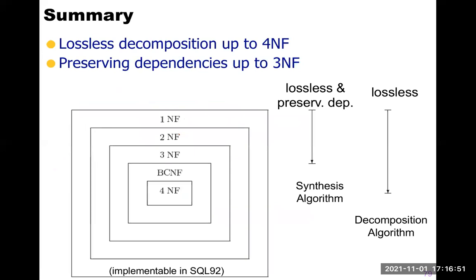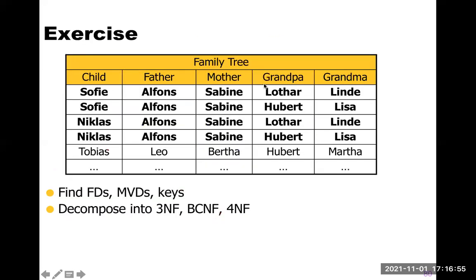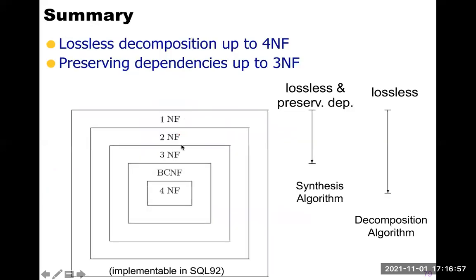And a summary of the whole thing. So we have all the tables, even non-first normal form, with non-atomic values. That's the whole space. Some of the tables have atomic values. That's first normal form. Some of them conform to second normal form. Not all of them.